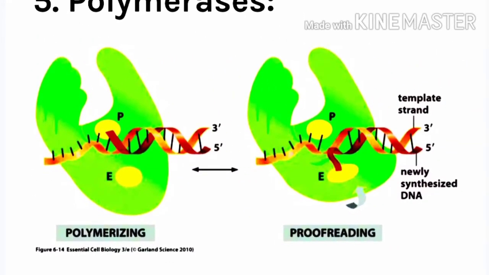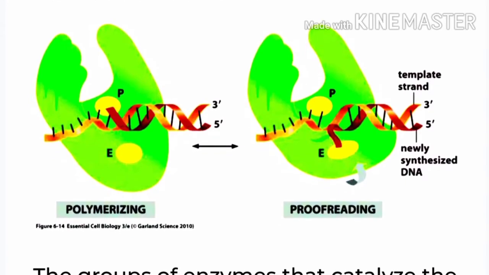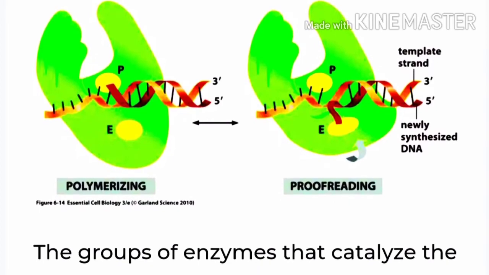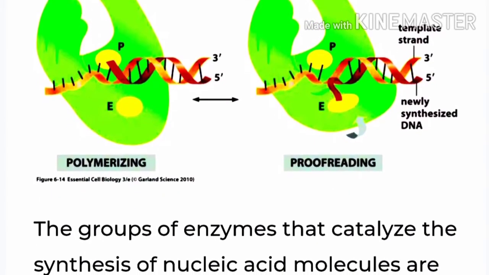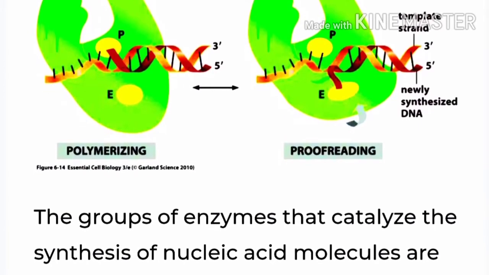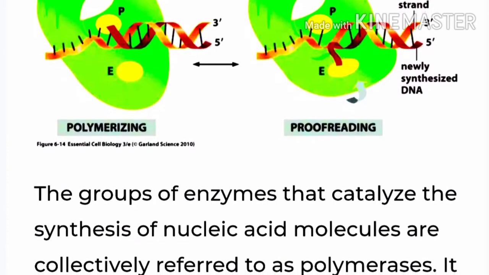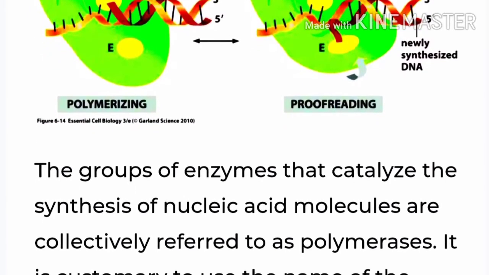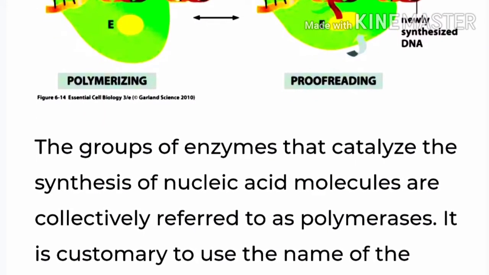Next, the polymerase. The polymerase enzyme helps in the polymerization of nucleotides, and it also acts as a proofreader. The groups of enzymes that catalyze the synthesis of nucleic acid molecules are collectively referred to as polymerase.